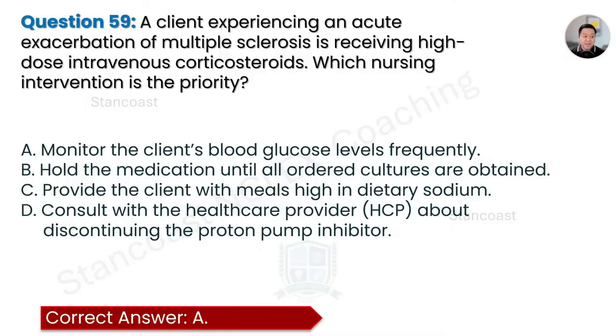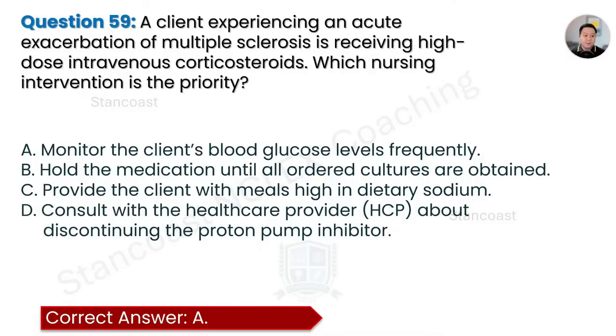Letter B, cultures are obtained before antibiotics, not before administering corticosteroids. Letter C, corticosteroids can cause sodium to retain, and it will increase the risk of fluid overload and also hypertension.